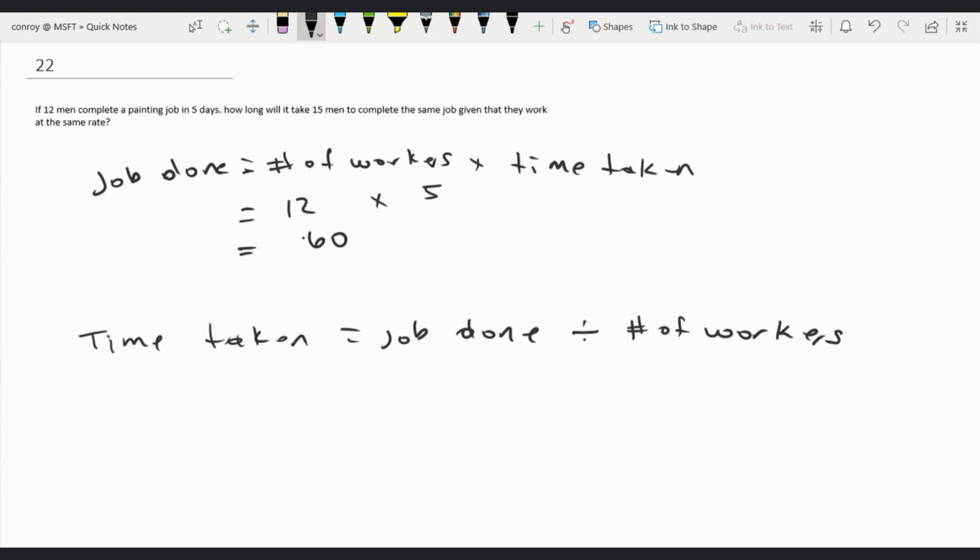What we need to divide now is 60 divided by 15, and that would be equal to 4. Because time can be 4 days. So 12 men took 5 days, so 15 men will take 4 days.